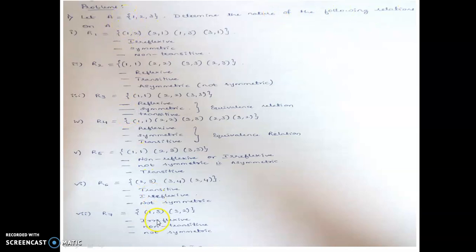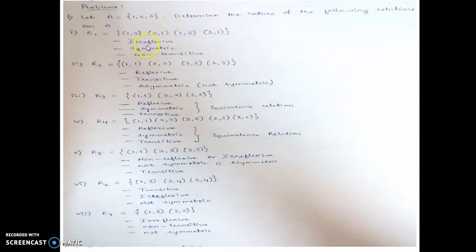Here, what we need to do is check what type of relation exists among these relations. R1, if you consider (1,2), (2,1), (1,3), (3,1). So this is irreflexive, symmetric, and non-transitive. Transitive would mean we come across (1,2), (2,1) and (1,1). There is no reflexivity. Reflexive would mean (1,1), (2,2), (3,3) are present.